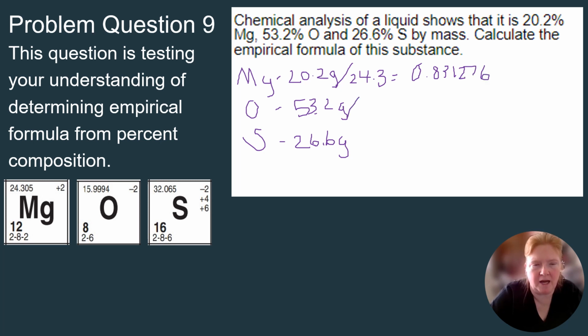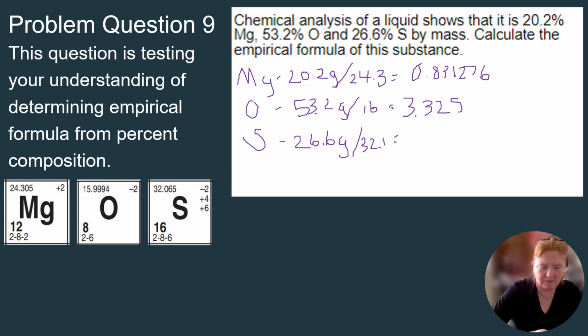Then for oxygen, divided by 16. So we do 53.2 divided by 16, and we get 3.325. And then sulfur is divided by 32.1. So 26.6 divided by 32.1 equals 0.82866.